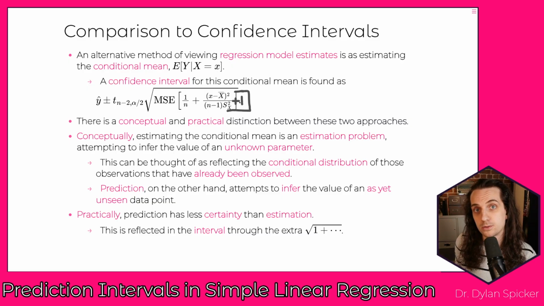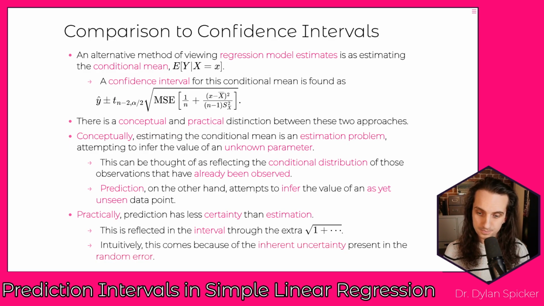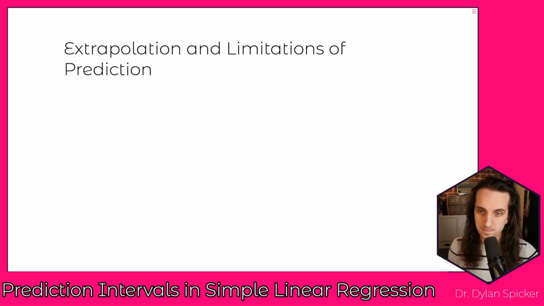Whereas with prediction, we're trying to guess a single value into the future, and so we have that epsilon uncertainty left over. This extra error comes from the inherent uncertainty in the random error from the epsilon term. Because epsilon has sigma error, we're going to have that extra error reflected in prediction.